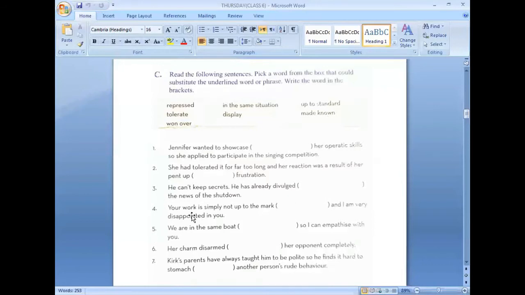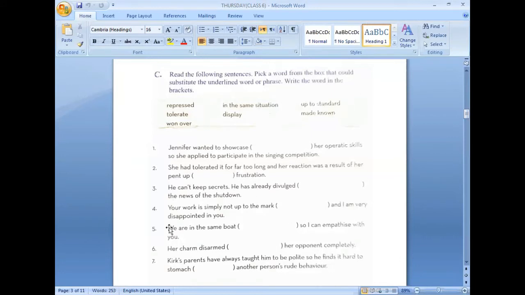Number four, your work is simply not up to the mark, dash, and I am very disappointed in you. So now, up to the mark. Not up to the mark means not up to the satisfactory level, not up to the acceptability, not good enough. So not up to the standard.